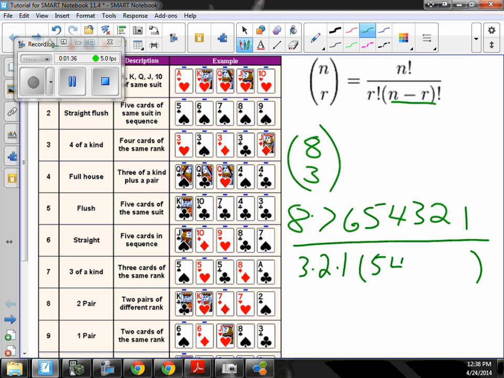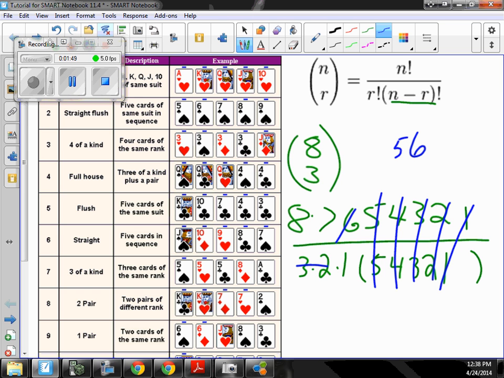So 5, 4, 3, 2, 1. And then we just play a massive cross-out game. And that 6 kills those. So there are 56 ways to bring 3 of the 8 books to school. 3 times 2 is 6.